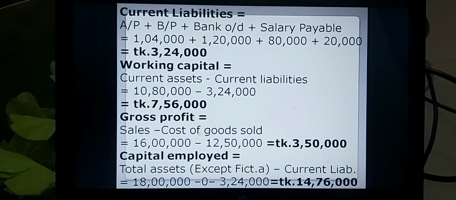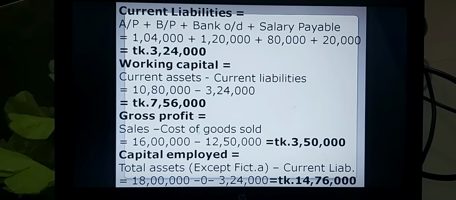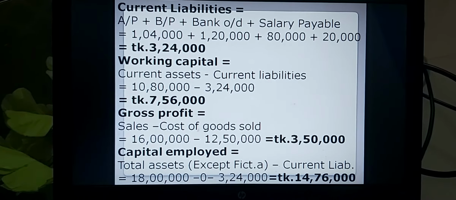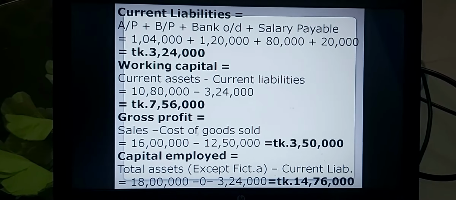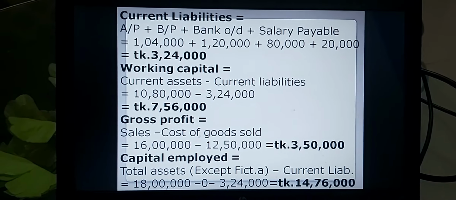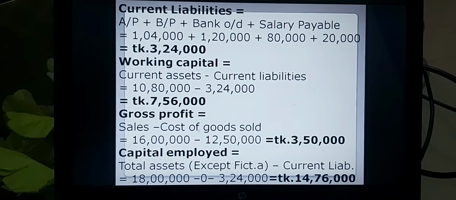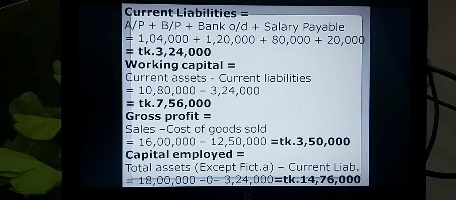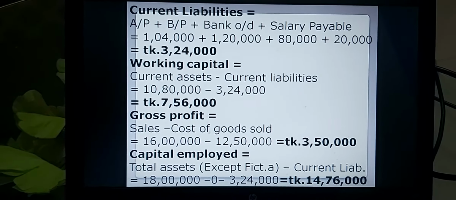In requirement B, the second one is working capital. You know another name of working capital is current capital, and you also know the formula: working capital is equal to current assets minus current liabilities. I repeat again, working capital is equal to current assets minus current liabilities.